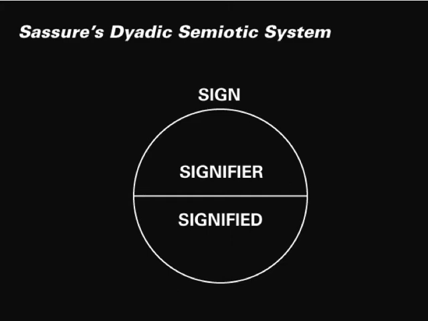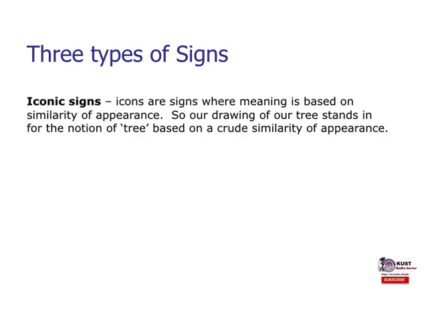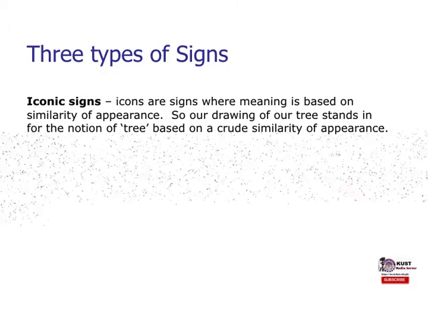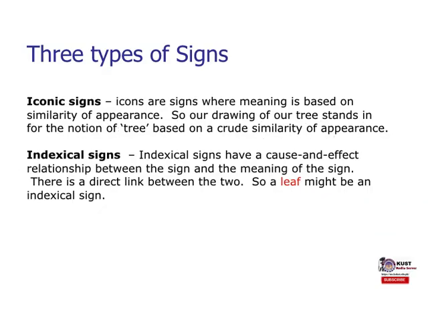Basically, we are going to work more on another concept today, and we've already discussed the three types of signs. The iconic signs are based on similarity of appearance. For example, if you see a photograph and it resembles you, it is an iconic sign. Then we have the indexical sign, which reflects cause and effect.